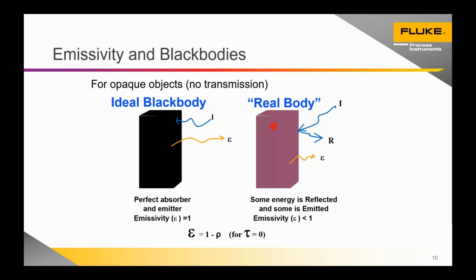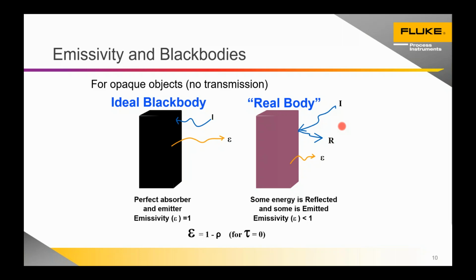What we have in the real world as a non-grey body or a real body is we receive emitted energy, but we also often have to consider reflected energy, and in most applications that tends to be, I wouldn't say the biggest challenge, but one of the biggest factors.